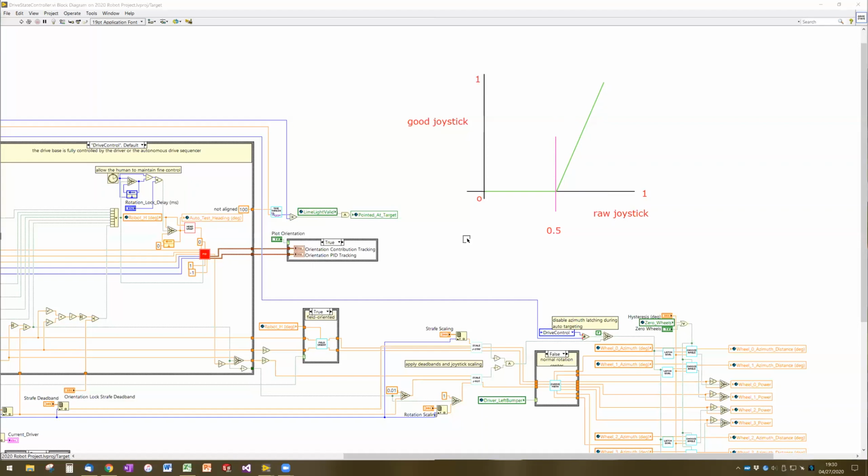And typically what we do is we give the driver more control at lower speeds and less control at higher speeds. So what that would look like is, instead of a line, we have a function that looks like this.